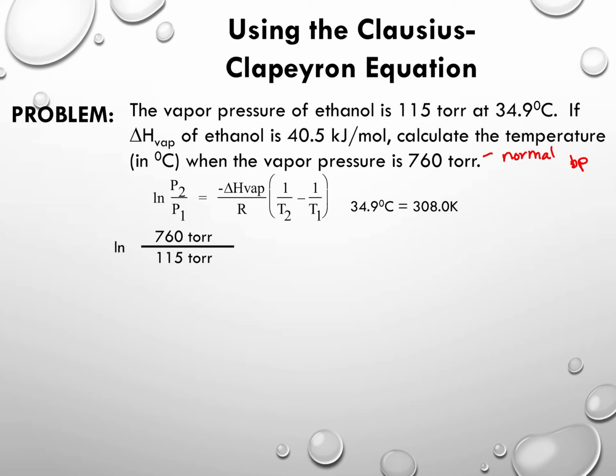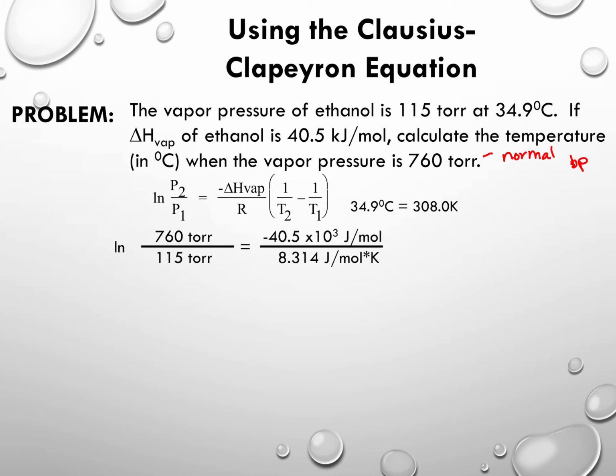Again, it doesn't matter if we're using torr or whatever units, any units are fine. I usually put the one given in the problem that we're starting with as P1 and T1, and the one that we're trying to find as P2 and T2. Obviously you could do it backwards. It will still work out just fine.